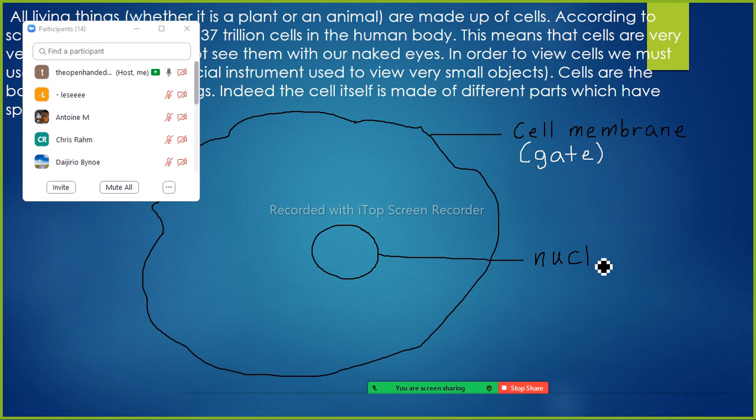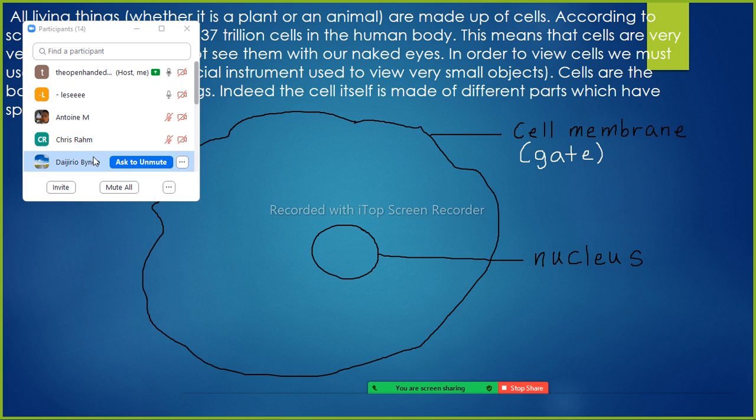Now, Shalise, what is the function or the role of the nucleus in the cell? Are you there? What's the function of the nucleus? You have any idea? No, sir.